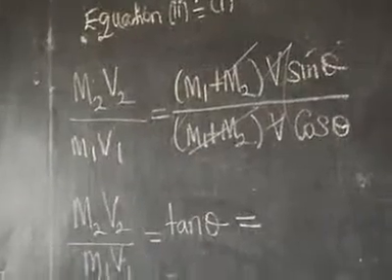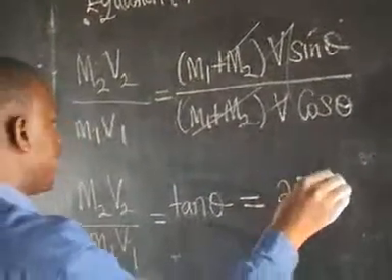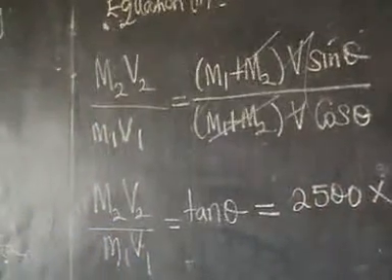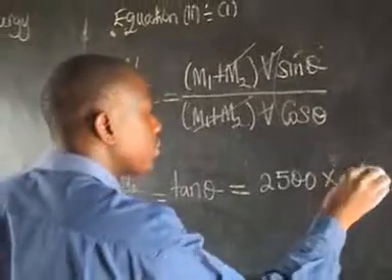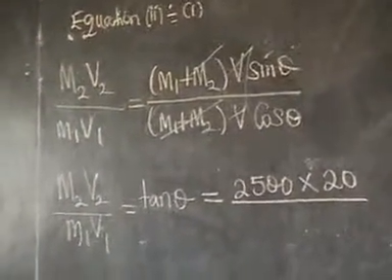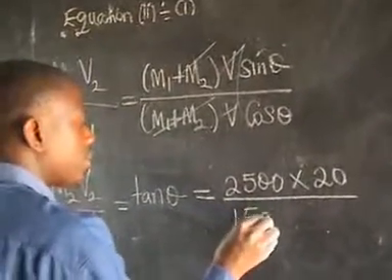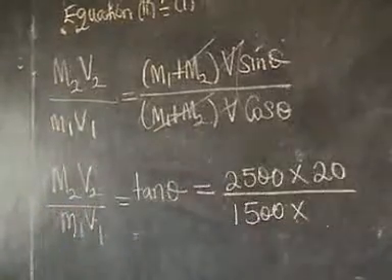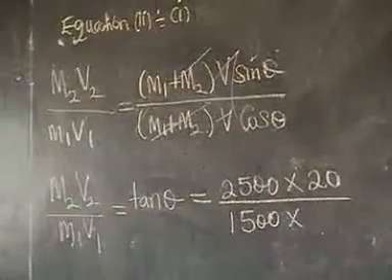m2 as 2500 times v2, which is 20, divided by m1, m1 is 1500 times v1, which is 25.